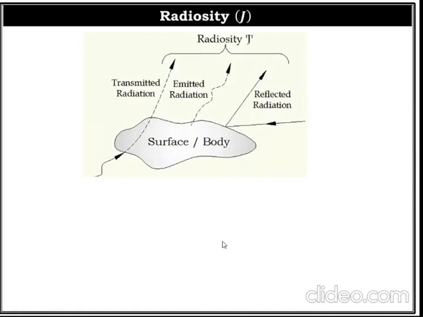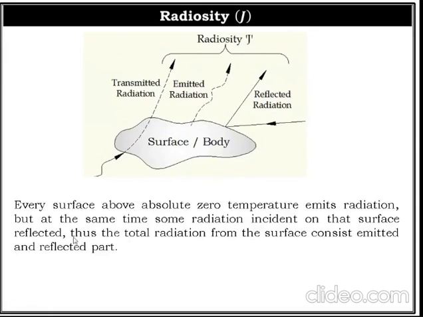Now what is radiosity? Irradiation is receiving radiation, radiosity is emitting radiation. But radiosity is not only the emission. Radiosity mostly combines the emitted radiation as well as some radiation which is received on the surface and gets reflected.